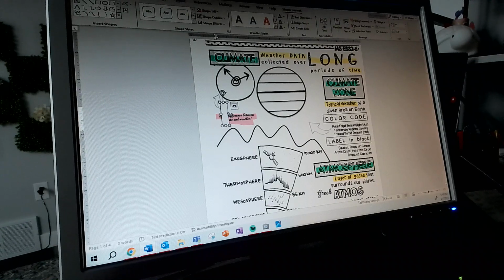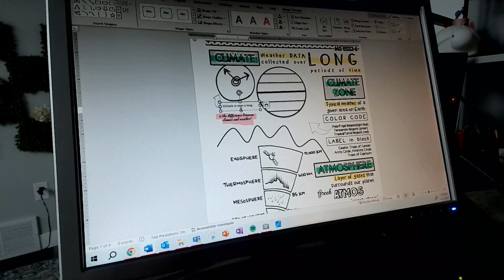Do you know the difference, Will? Climate is over a long period of time.